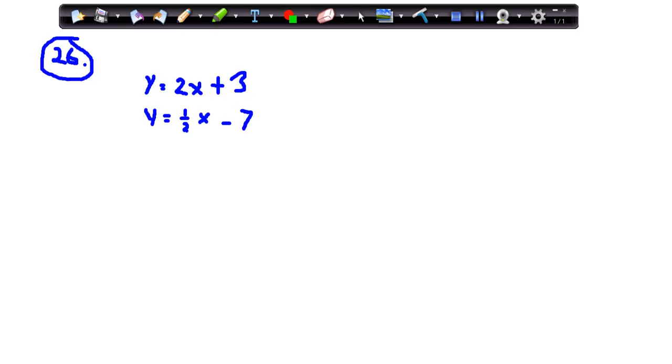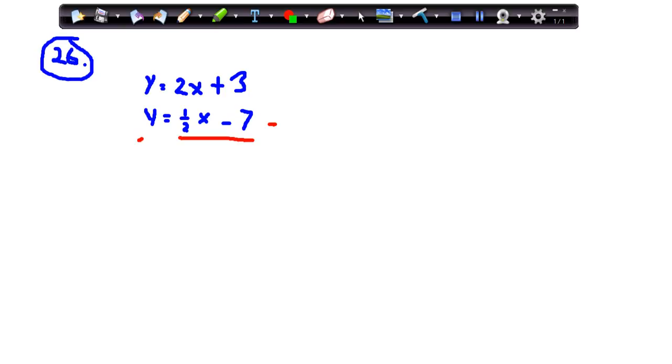Okay, so the first step is to substitute the second equation's y with the first equation. You see the equation for y, the second equation for y, with the first equation.